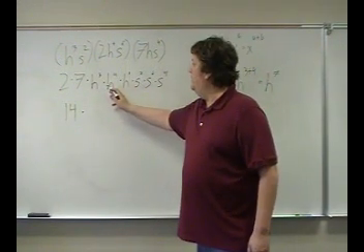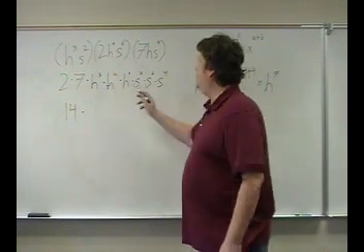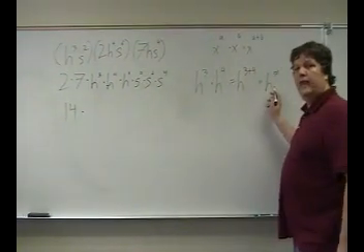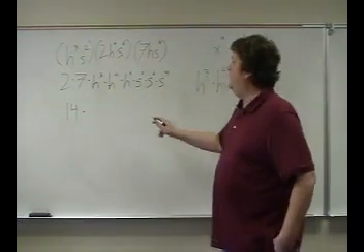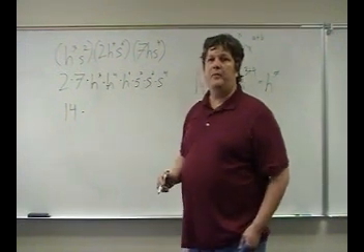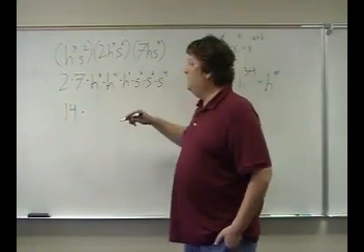So what I'm going to do is take this answer, h to the 7, that came from these two, and plug it into the same product of power rule with this one.